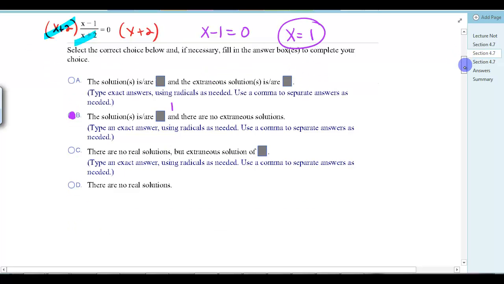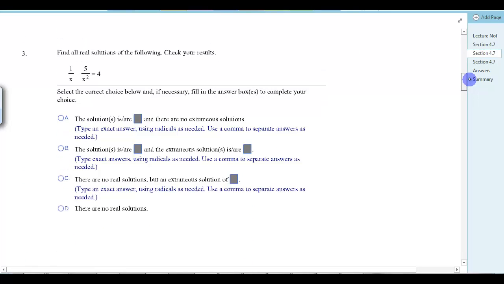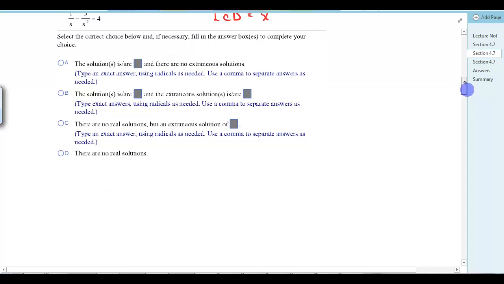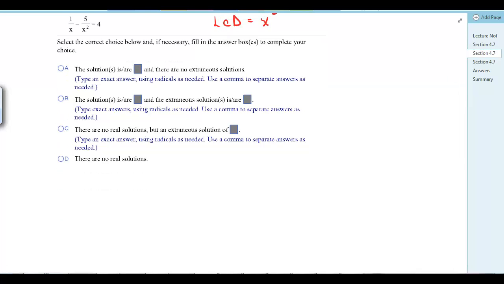All right, let's look at number 3. Same idea. What is our LCD here? The LCD is x squared. So we're going to multiply each piece by that.